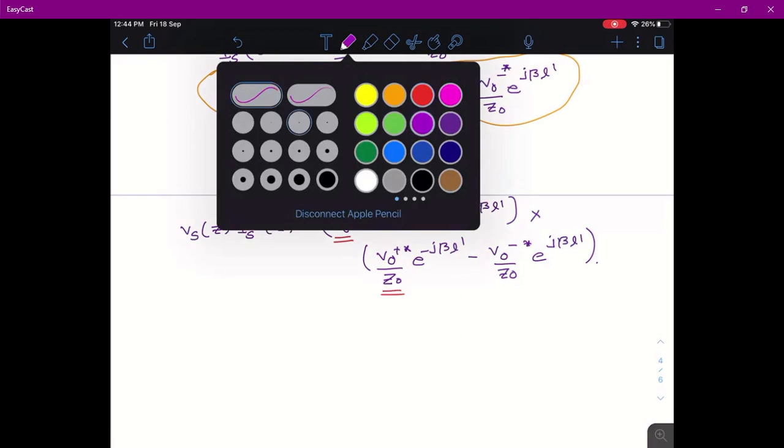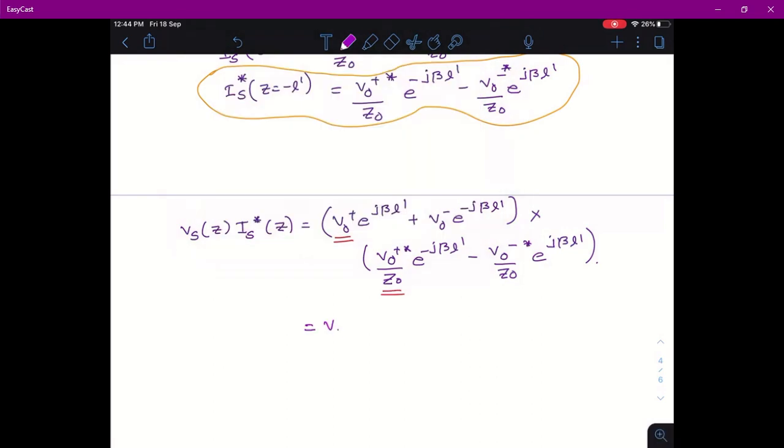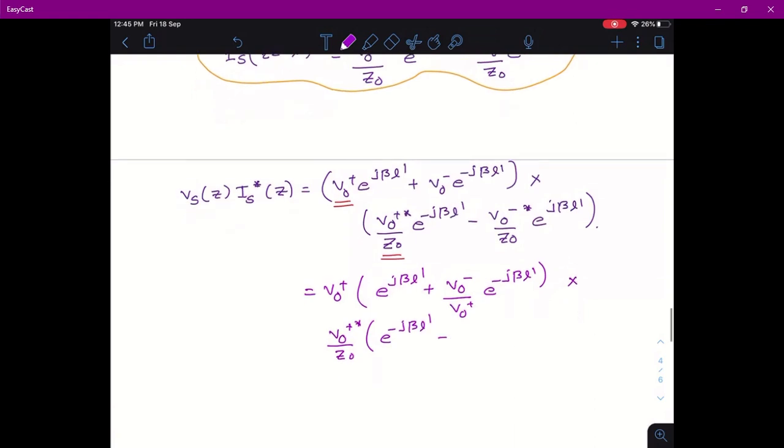So, this will be equal to V0 plus multiplied by e raised to j beta L dash plus V0 minus by V0 plus e raised to minus j beta L dash, multiplied by V0 plus conjugate by Z0 e raised to minus j beta L dash minus V0 minus conjugate by V0 plus conjugate e raised to j beta L dash.